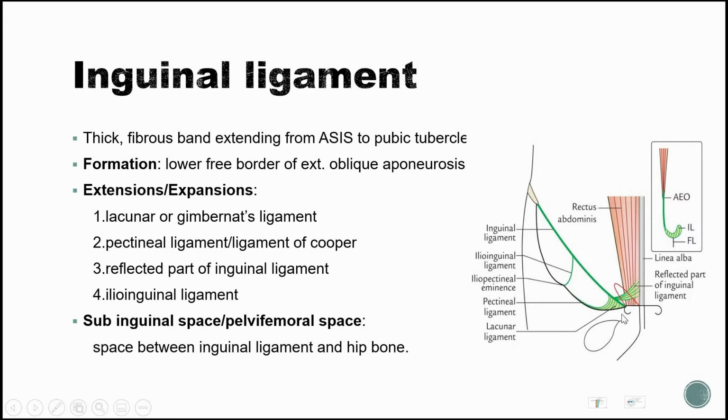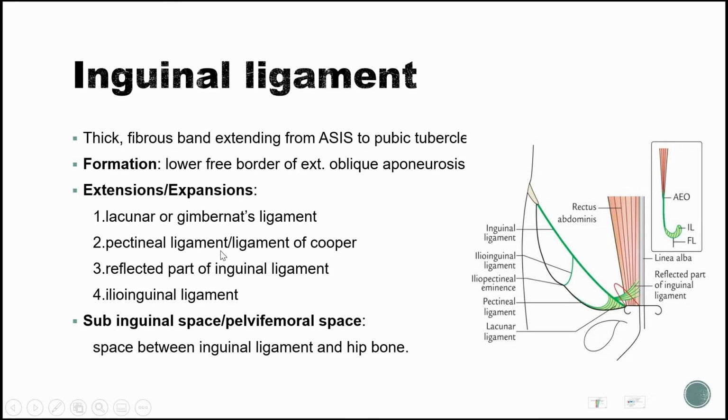So this is the lacunar or Gimbernaut's ligament, and this is clinically important because the lateral margin or the sharp edge of the lacunar ligament forms the medial wall of the femoral canal. This is again important because this is the site of weakness in case of femoral hernias.